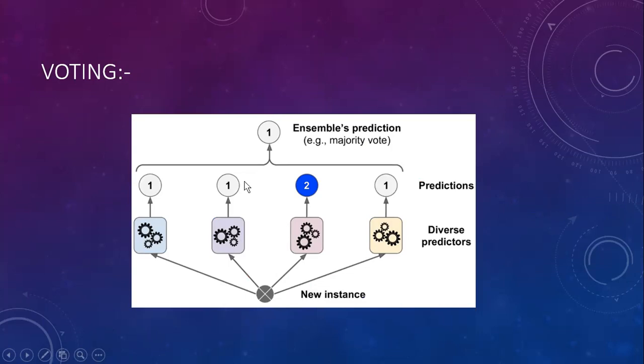Then the majority vote is taken, like our election system in our democracy. Majority wins. Similarly, here one is in majority, so the final prediction is one. This happens in voting.